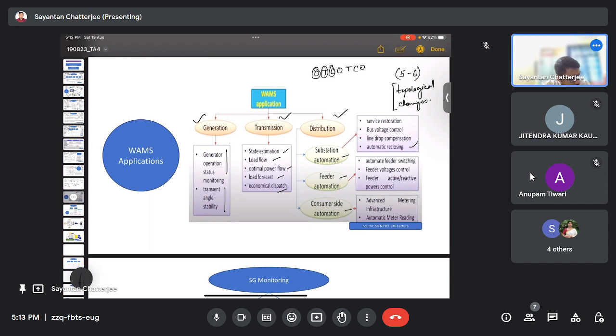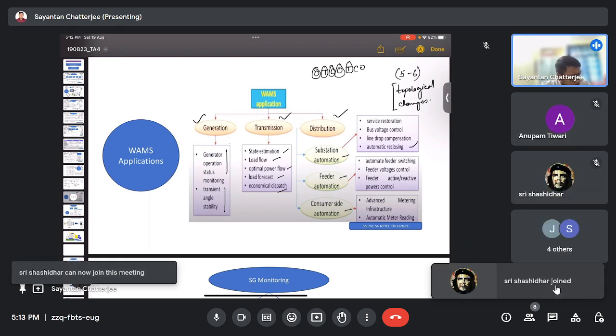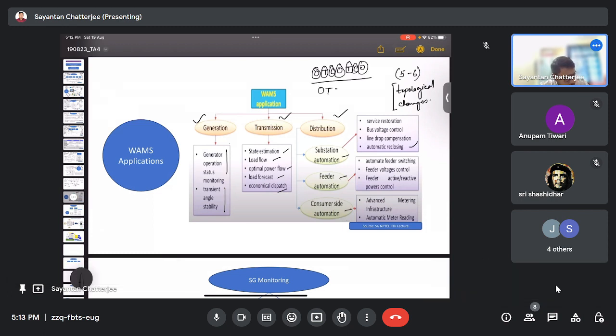Then if the fault is still persistent, then again open, then again wait for some time, and again close, and if the fault still persists, then open. So this is the main operating sequence, OTCOTCO. This automatic reclosing operation can be done based on the continuous data monitoring.